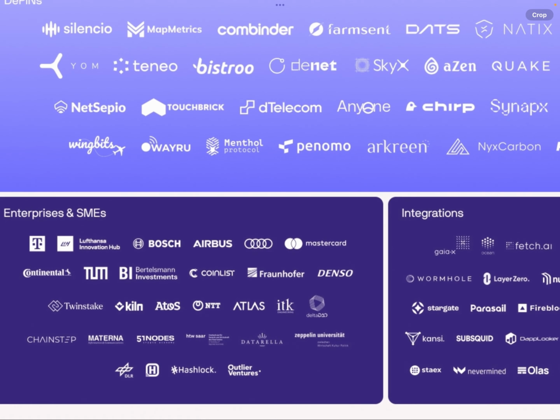You can recognize a lot of these companies: T-Mobile, Lufthansa, Bosch, Airbus, Audi, Mastercard, Continental. This is crazy. This is not your regular fly-by-night blockchain that just wants to try to be a faster Bitcoin or faster Ethereum. This is not one of those. This is innovation at its best. Okay, and they have the backing behind them. So the tokenomics is not going to matter.